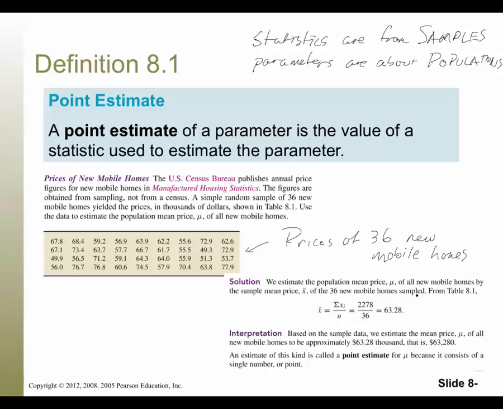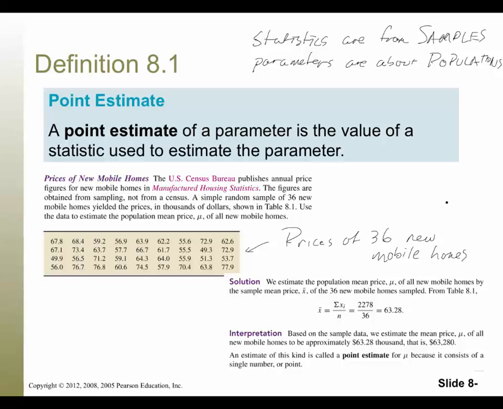A point estimate would be, let's take the mean of those 36 mobile homes, and we'll estimate that's the mean of the population. That's a point estimate. We take the mean of the sample and say, this is the best we got, so that's our best guess at what the mean of the population is.